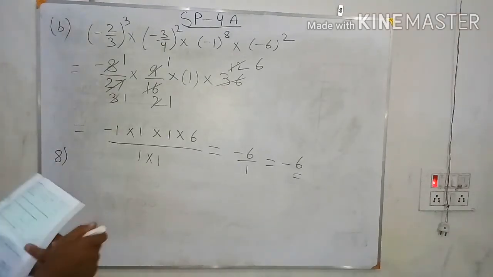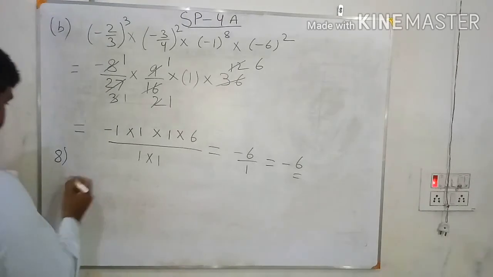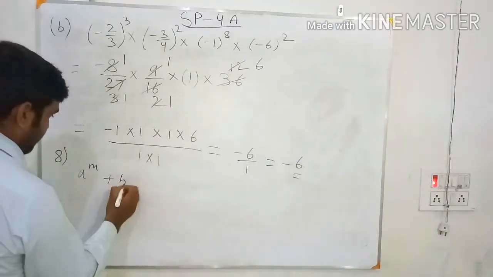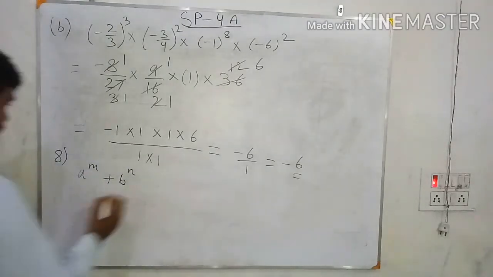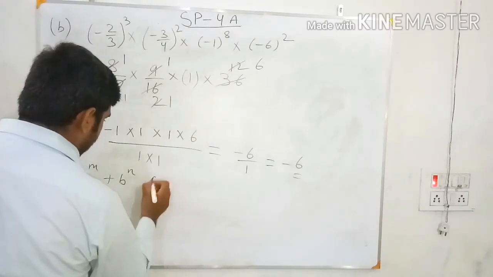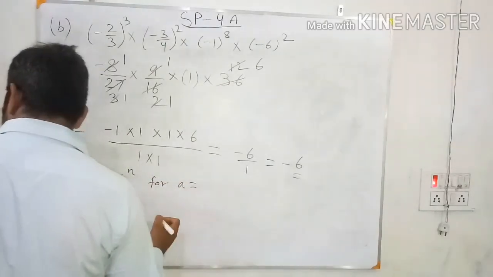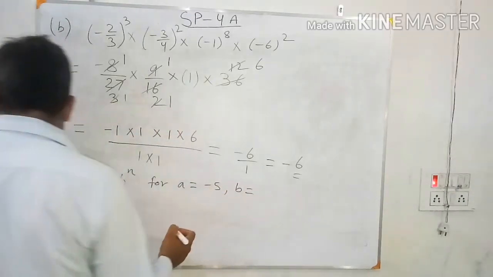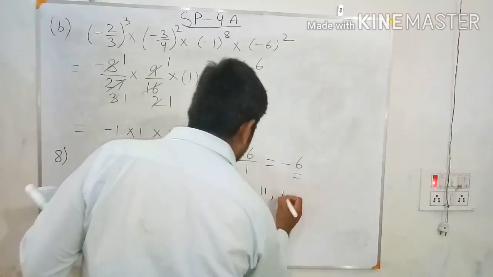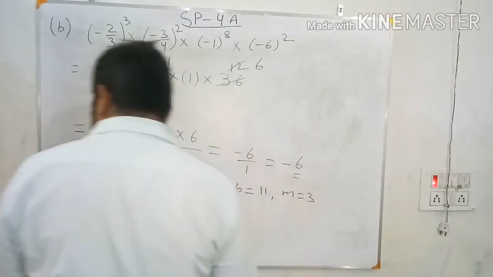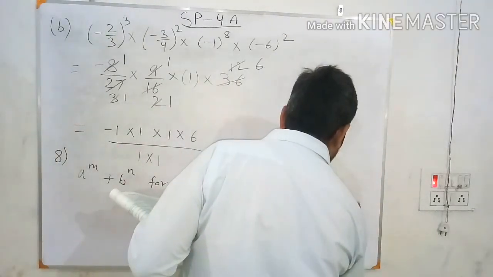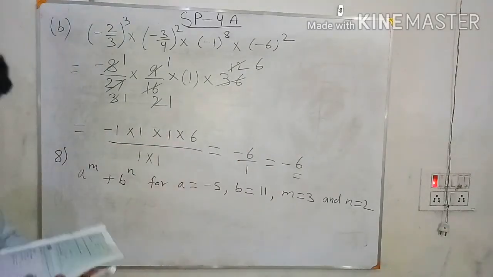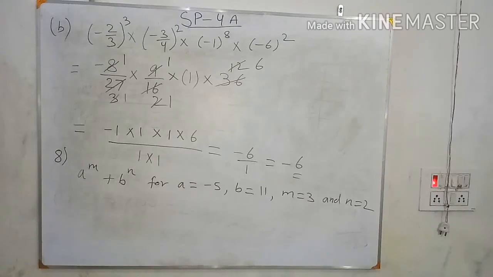The expression is a to the power m plus b to the power n, for a equals minus 5, b equals 11, m equals 3, and n equals 2. Okay, this is the expression and we have to find the value for this.